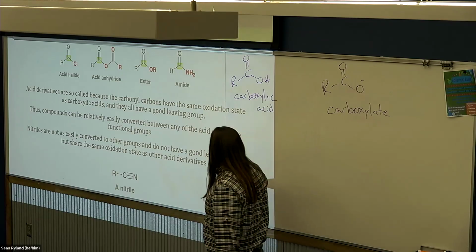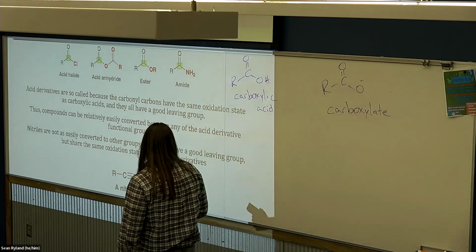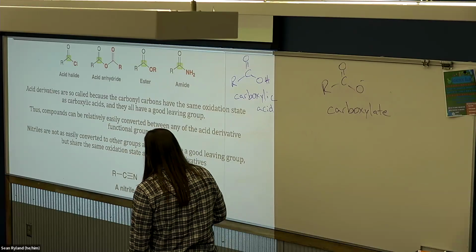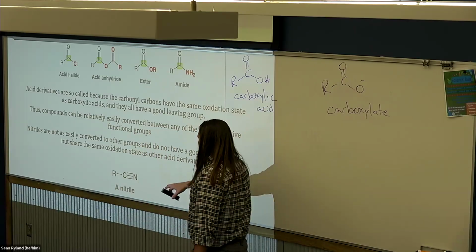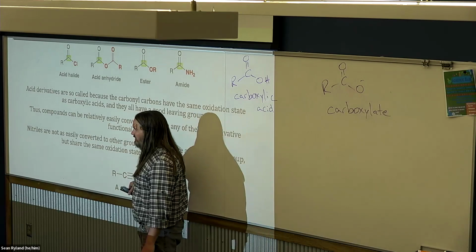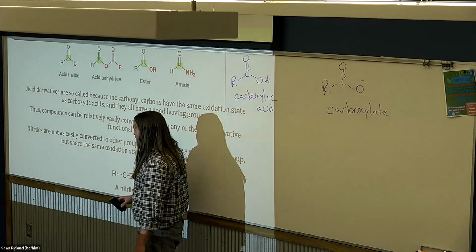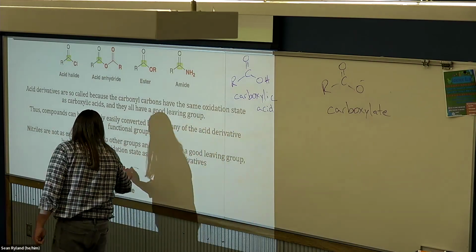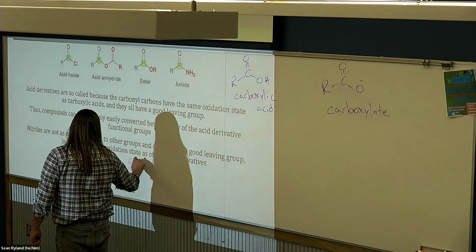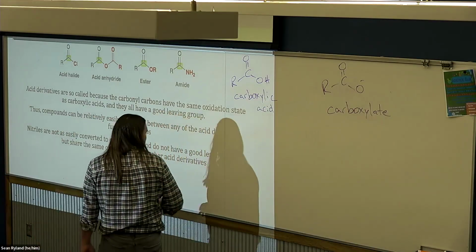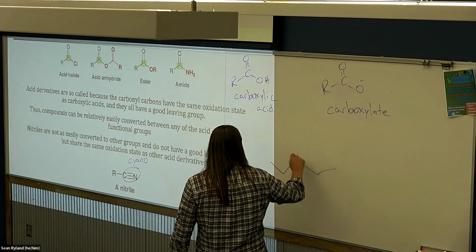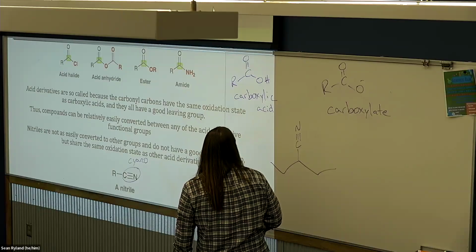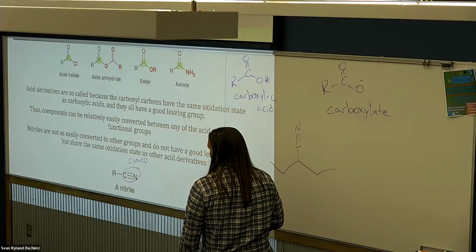All right, and then here's nitrile, not as easily converted to other groups, and they don't have a good leaving group, but they have the same oxidation state. Unless that's really the only functional group, we're just going to name it with a prefix. This branch has a prefix of the same. So if we had this, it's going to have a name something like ethyl propyl nitrile.